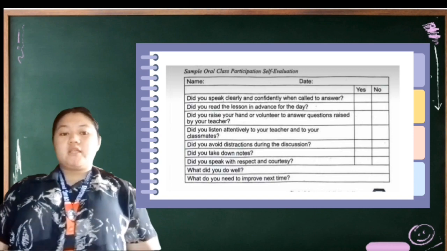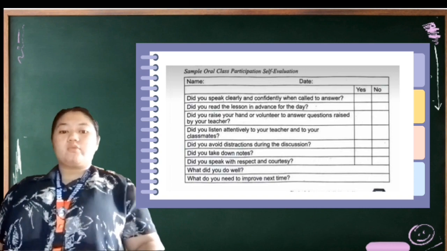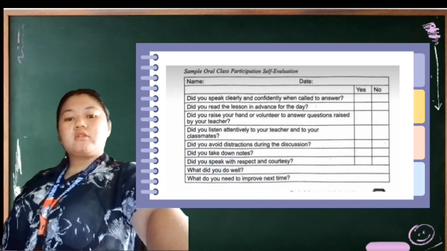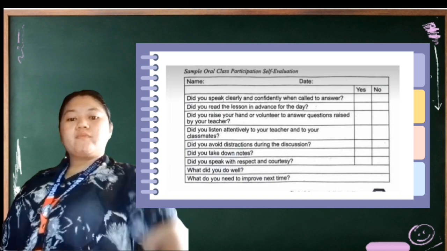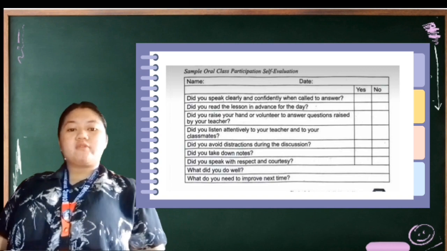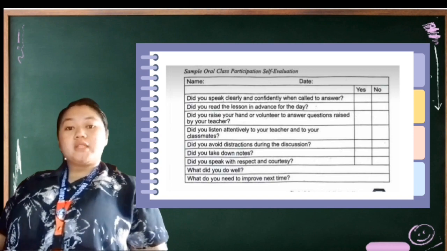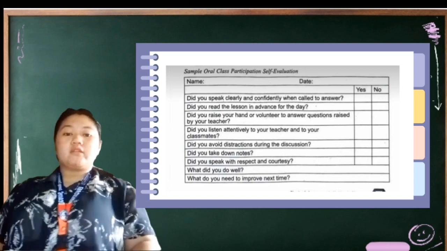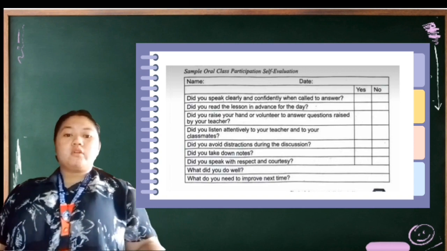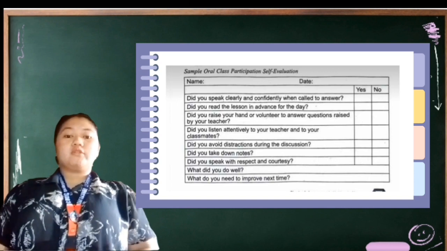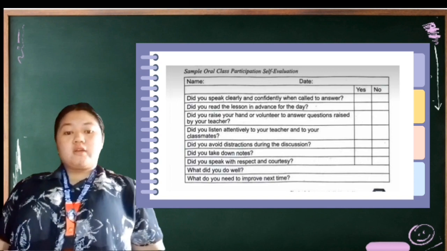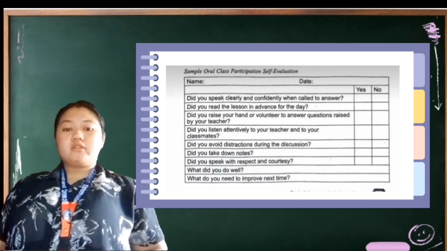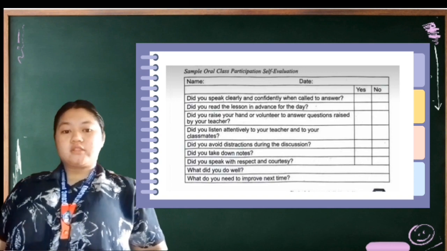So here is an example of self-evaluation for class participation. There's the name, the date, and whether yes or no in the corresponding sentences. First, did you speak clearly and confidently when called to answer? You will rate if it's a yes or no after you answer. Did you read the lesson in advance for the day?